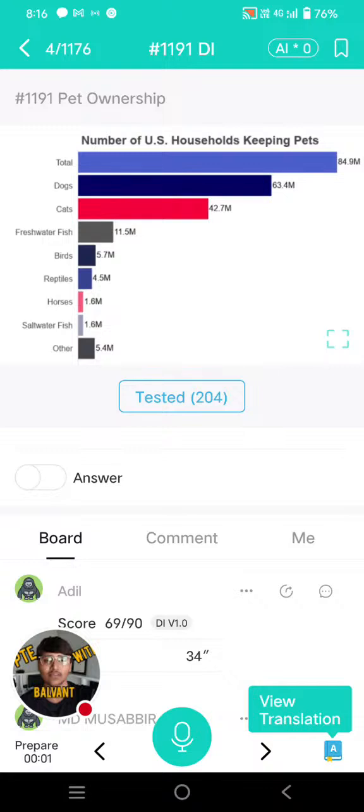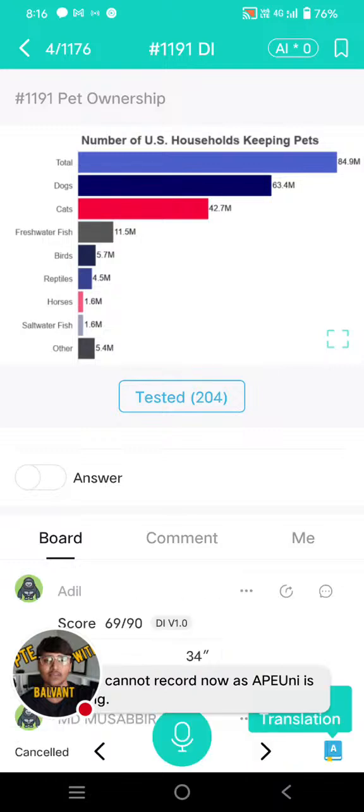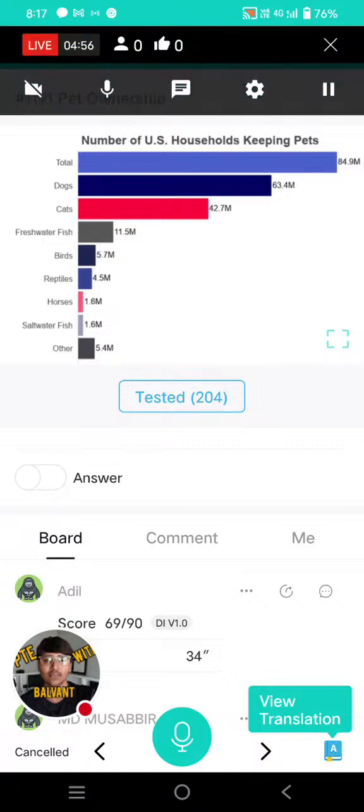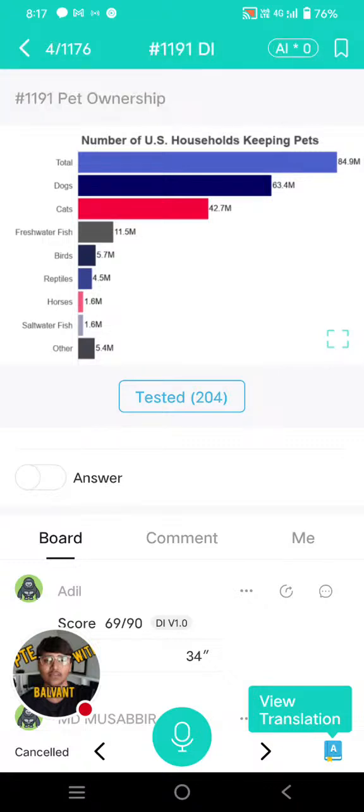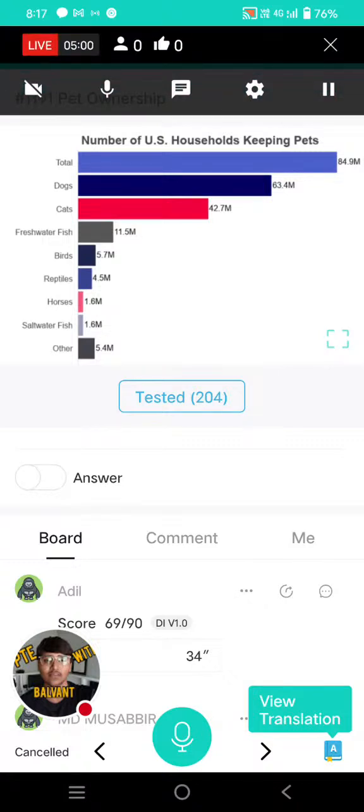Blue, black and red colors are also observed in this image. The minimum value is 1.6 million, whereas the maximum value is 84 million, right? To conclude, this image is very interesting and informative.